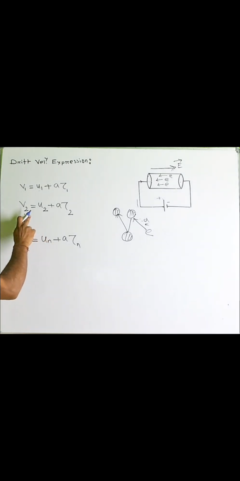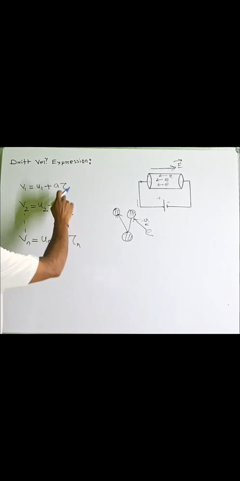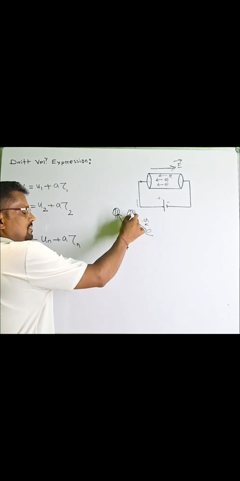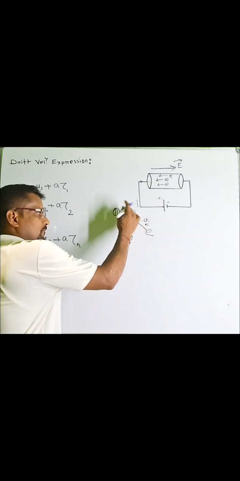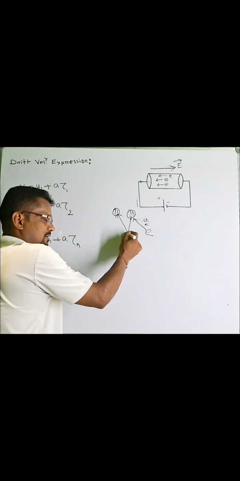For the second electron, thermal velocity u2, then a tau2. Here tau1 and tau2 are nothing but time. Say this electron collides here, the velocity becomes 0, again it starts to accelerate, and again it collides here.